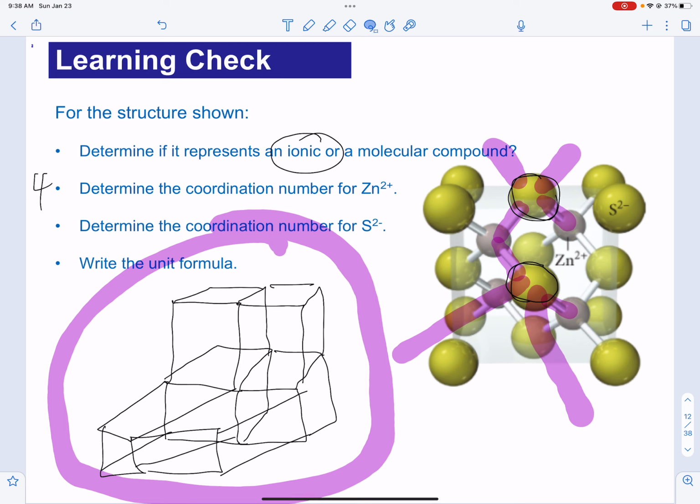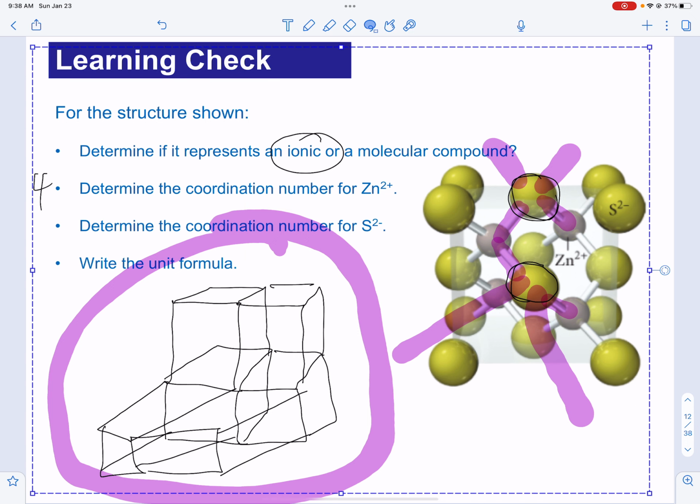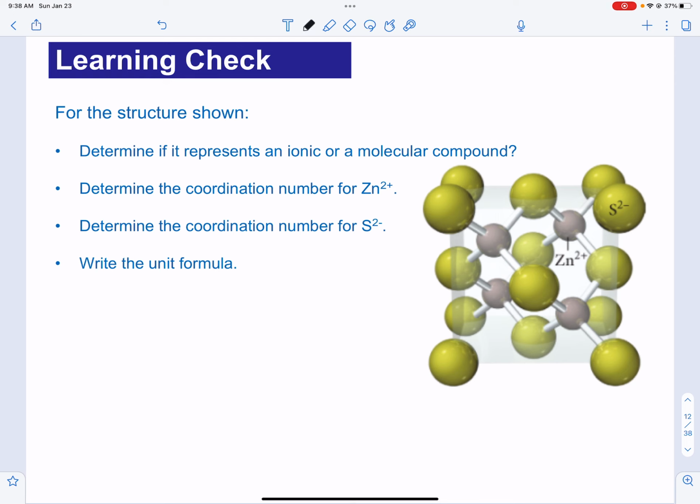So what we're going to say then is that the zinc is connected to 4 of these, and the sulfide is connected to 4 of those.